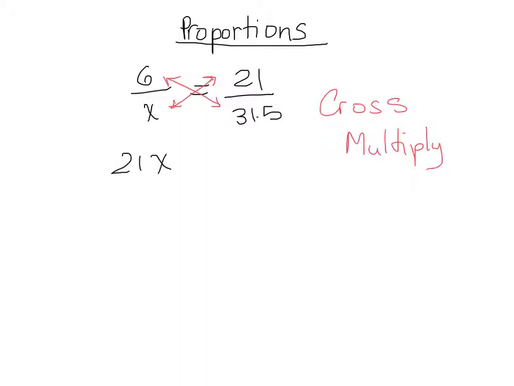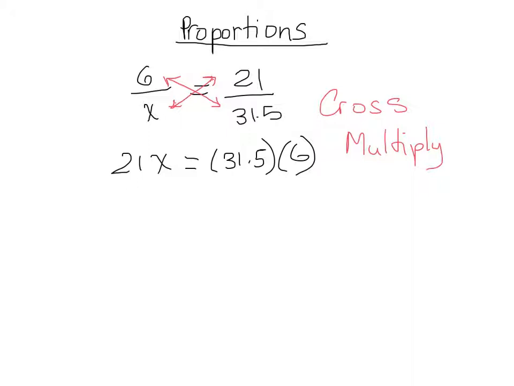Top left, bottom right: we multiply those two things also. The results will be equal to each other. So from that setup, 21x is equal to 31.5 times 6. Once we have that down, the rest is not so bad.